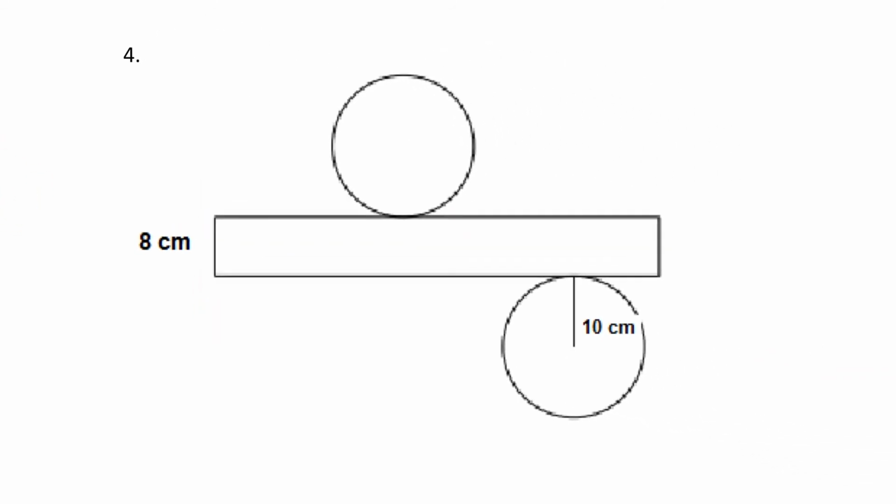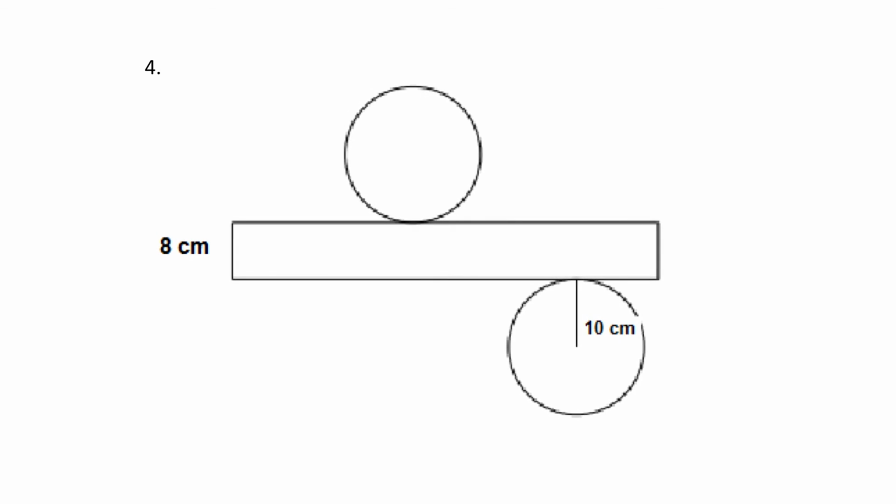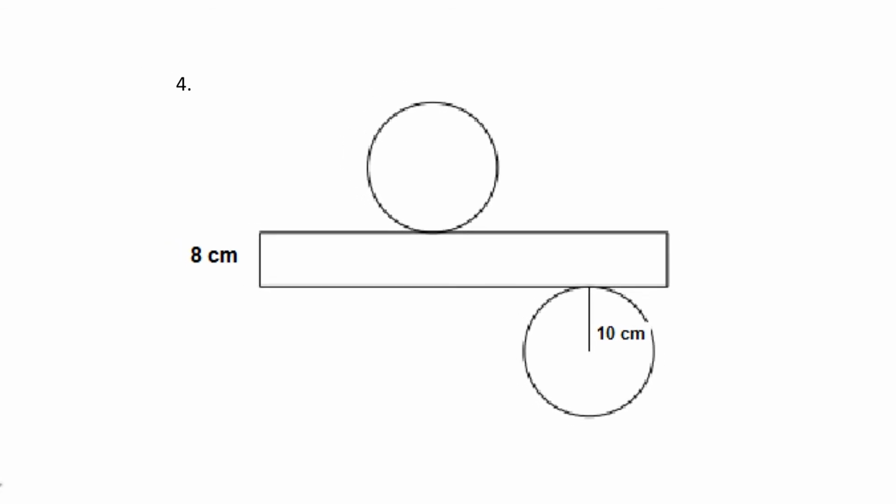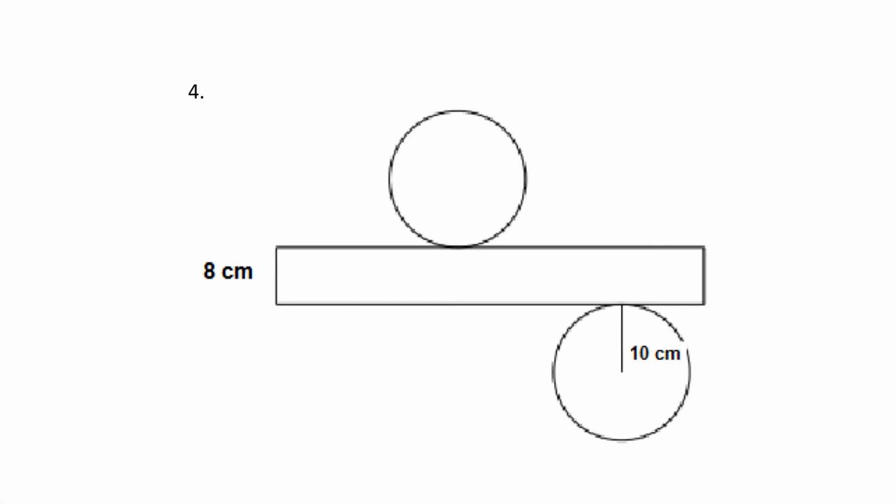Okay, number 4, if you were to cut that thing out, fold it up, what do you think that would become? Cylinder. Yes, this is the net of a cylinder. Oh, I get it. That's kind of cool. Okay, so the net of a cylinder has 2 circles and a rectangle. So let's find the area of the circles first.